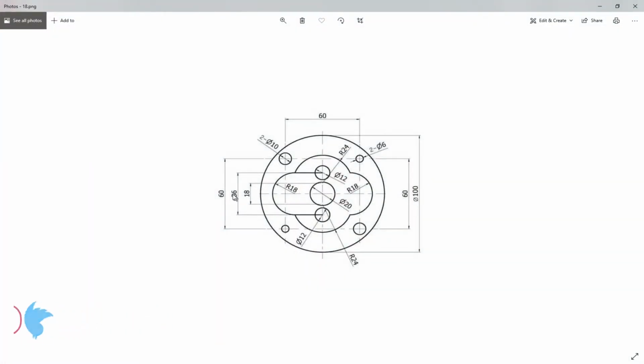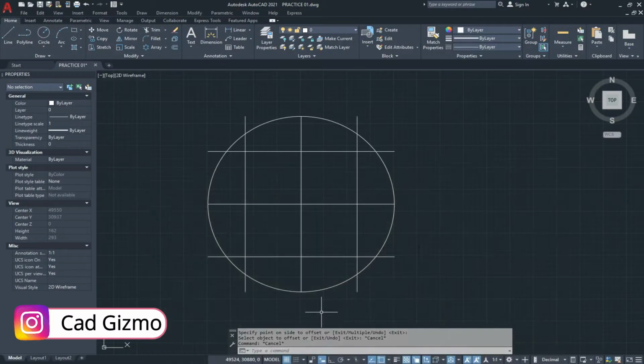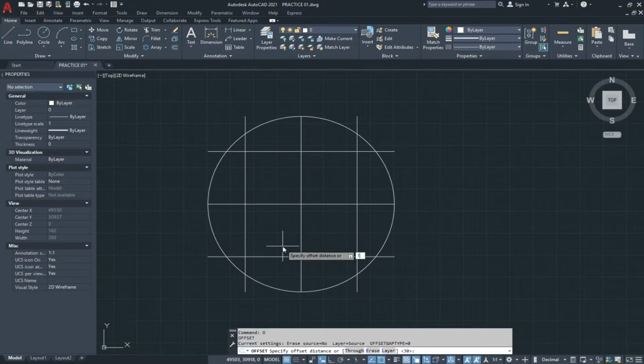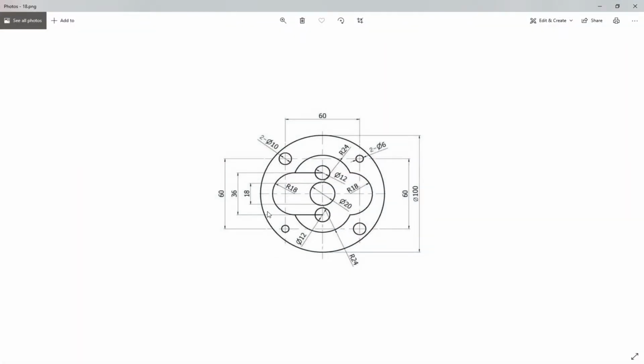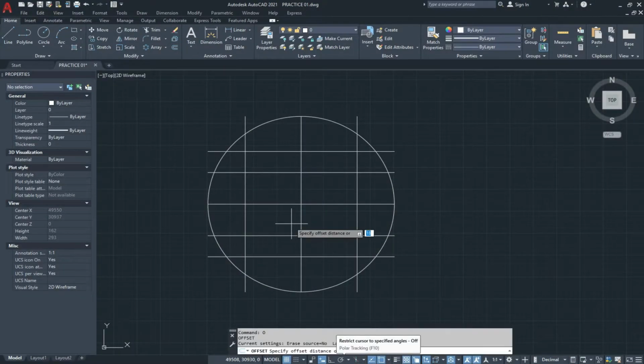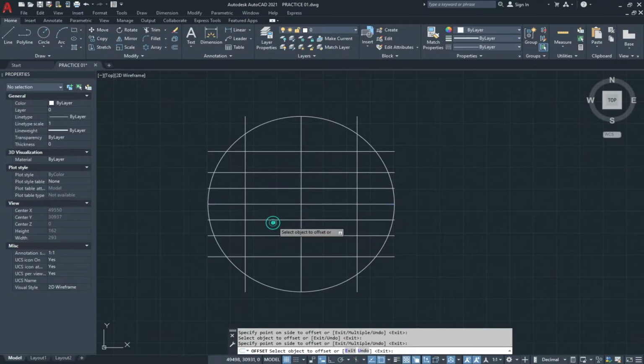Now we have this offset 36 units, which means 18 units on up and down both sides. Now we have this offset 18 units, like this.